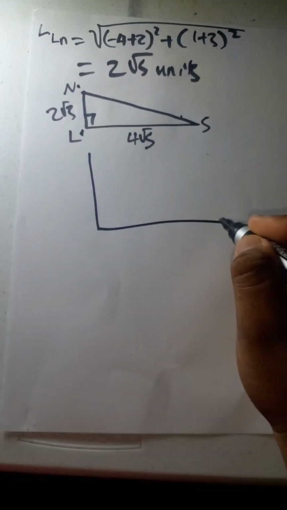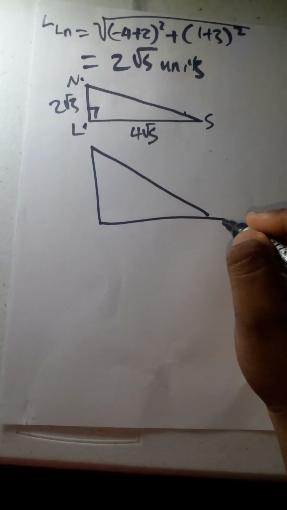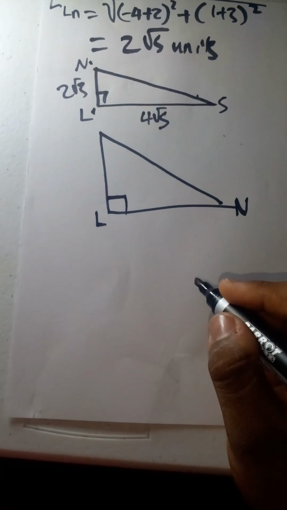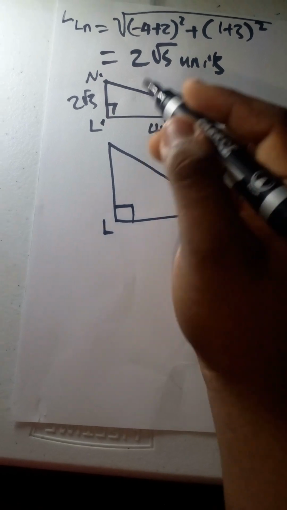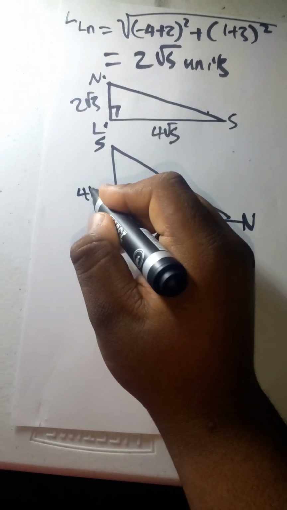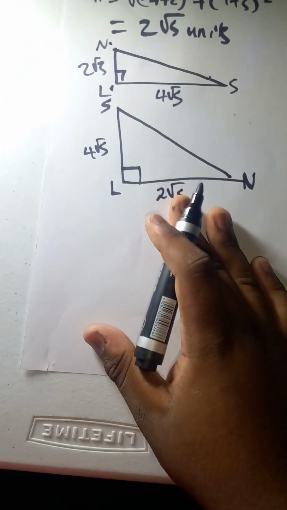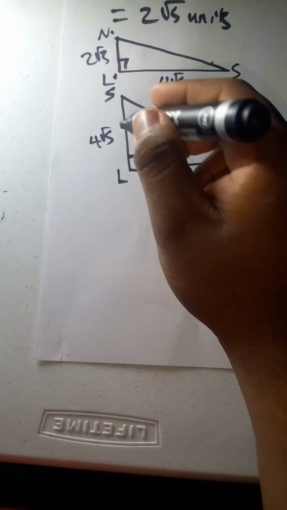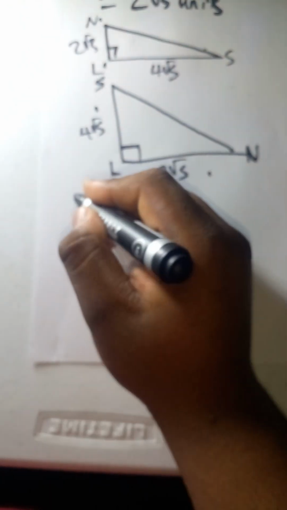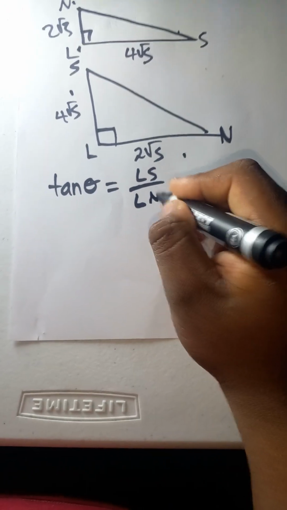So now I'm going to write it again and rearrange it. So now this one here will be N. And then my L will still be 90 degrees there. Okay. And then now what will I do? I will have S. So LS, it is 4 root 5. And then LN would be 2 root 5. Now I'm going to apply my SOHCAHTOA. So what do I have? Opposite and adjacent. So I'm going to say tan theta is equal to LS over LN.